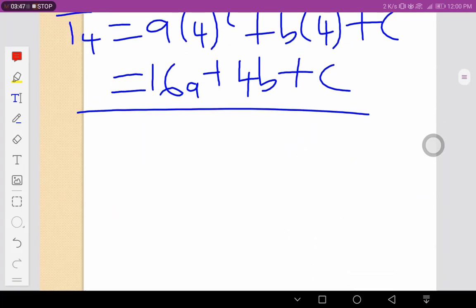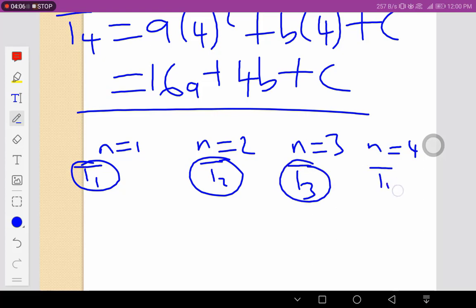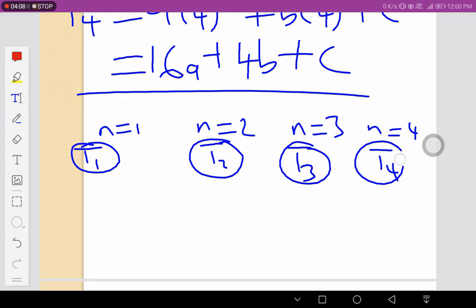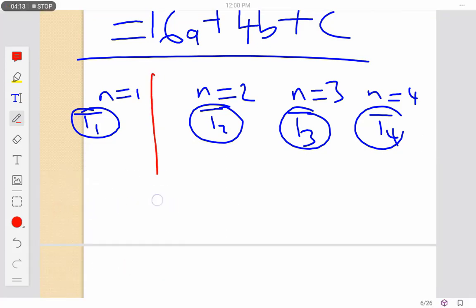Where n is equal to 1, n is equal to 2, n is equal to 3, n is equal to 4, this gives us term number 1, term number 2, term number 3, term number 4. Let's write all of those terms on one page.